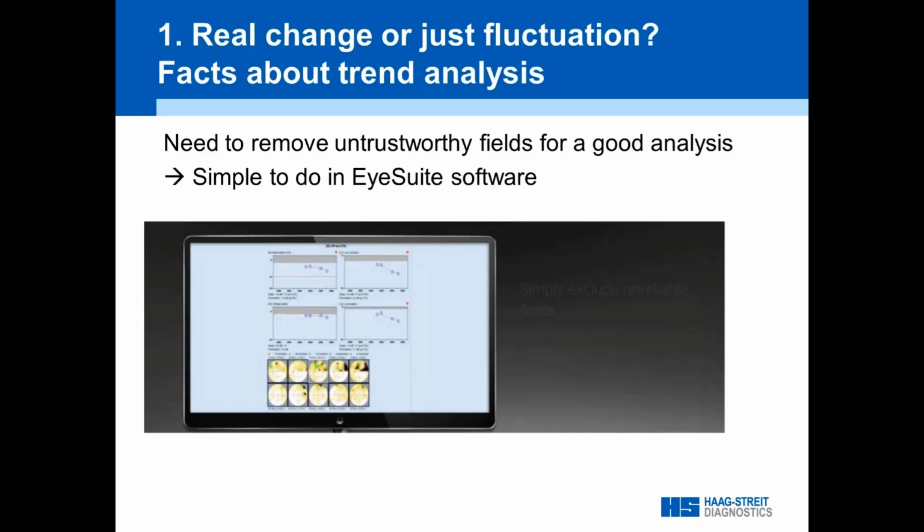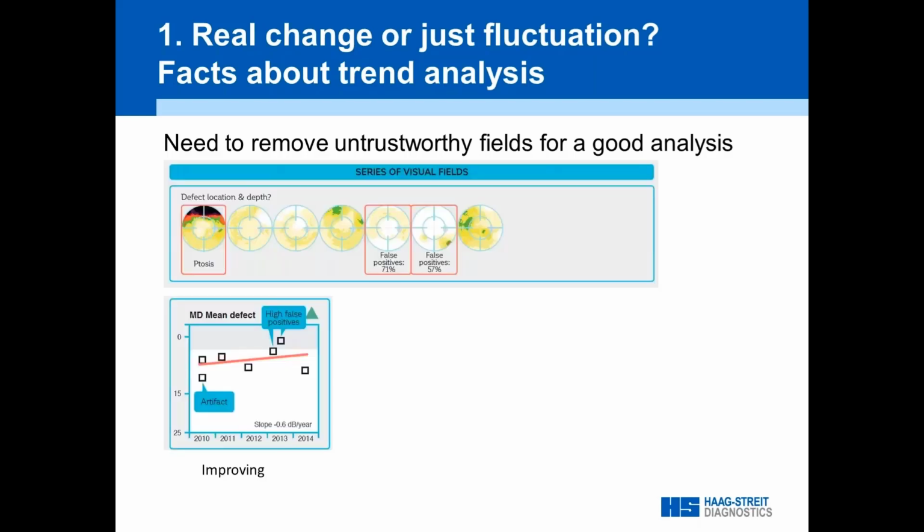It's nothing you need to ask your technician to do, or where it gets very tricky. It's just a click, and you can always undo it, so you can really play around with the data. And I recommend you do that if you see unreliable fields. With a newer version, you can also permanently exclude a field. If you deem something totally unreliable, then you don't need to revisit that choice again. You can just save that.